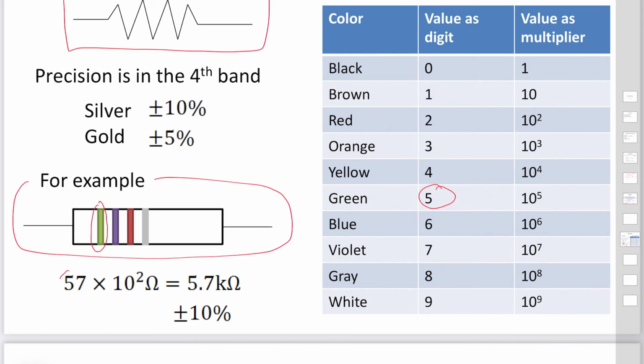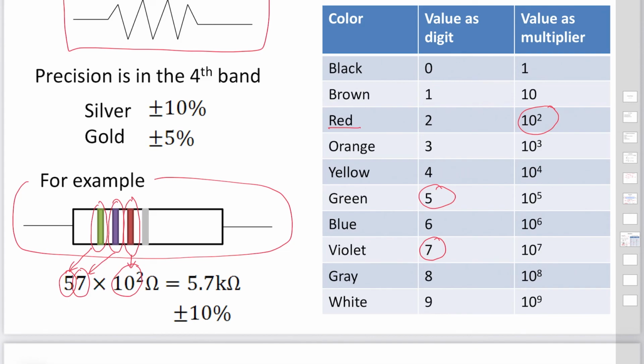So the first color shows the number 5. And for the second color, you can find violet. Again, you can find the number 7. So 5, 7. And the third color is red. The third color is a value as a multiplier. Red is 10 to the 2. So this is red, this is violet, this is green.